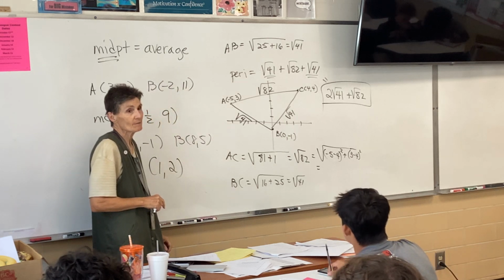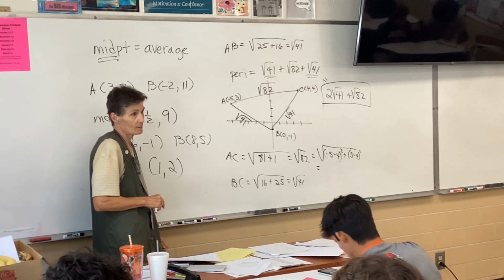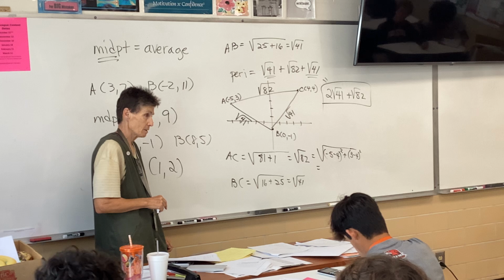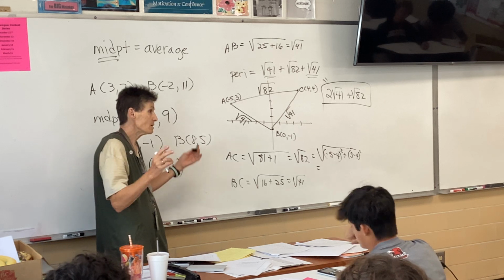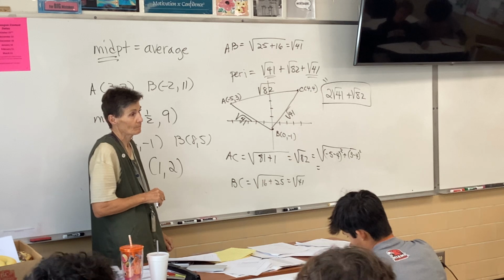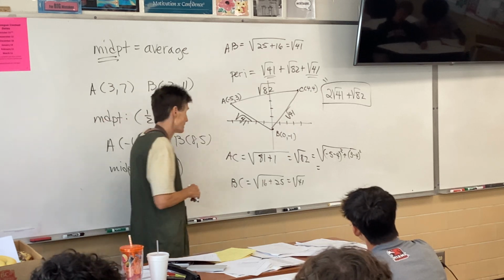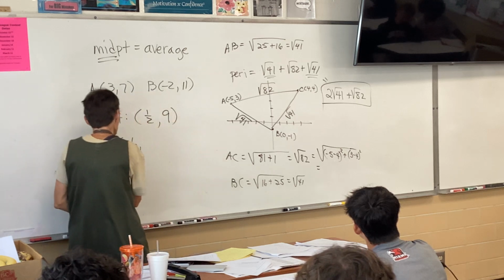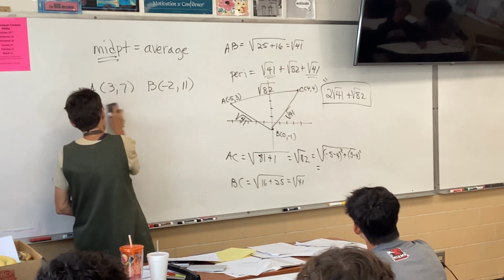All right. Now we got kind of a thought-provoking problem, because now we gotta find area. What do you know? It's a triangle. What do you know about area of triangles? 1/2 base times height. Now, in order to do that, you need to have a base and a height.